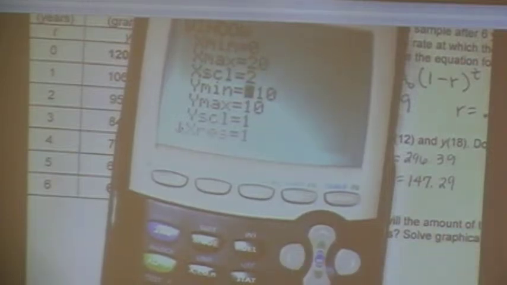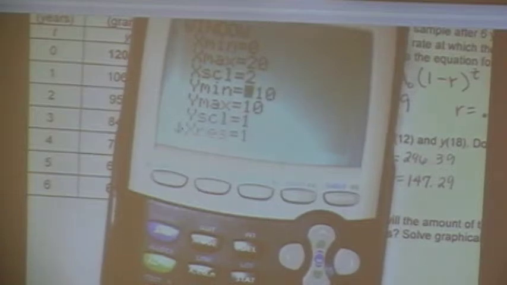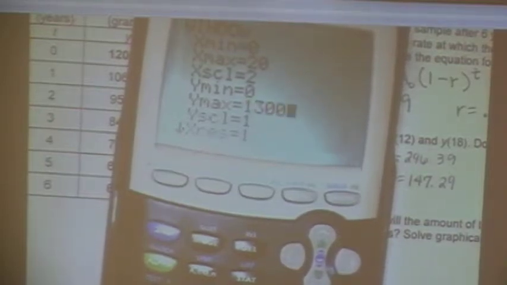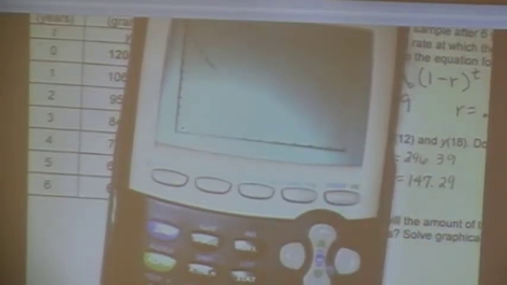Now, my y minimum, we already talked about this. Is the substance ever going to be completely gone? So you don't need any negatives. Let's just go to 0. Your y max starts at 1200. Since I want to see the 1200, I'm going to go 1300 just so I can see the top of it. And let's go ahead and scale it by hundreds. So if I hit graph, there it is, it should show up.